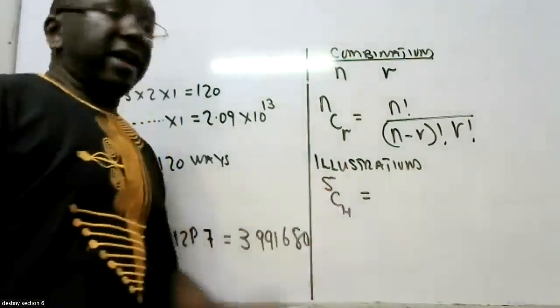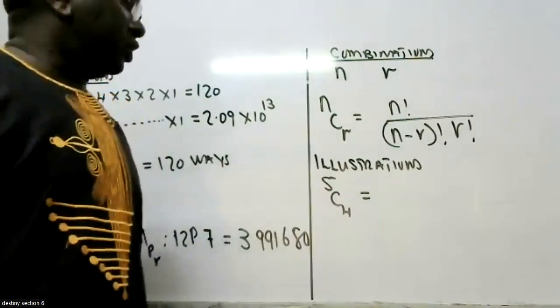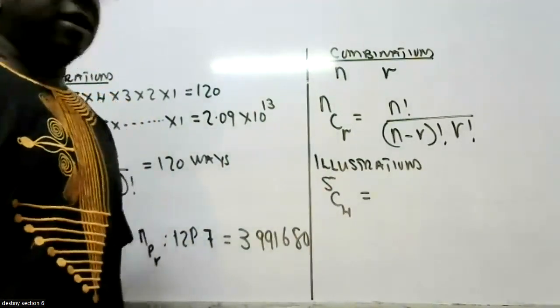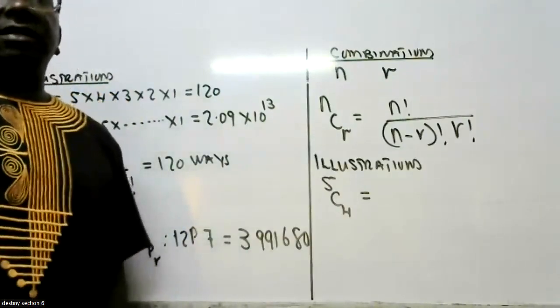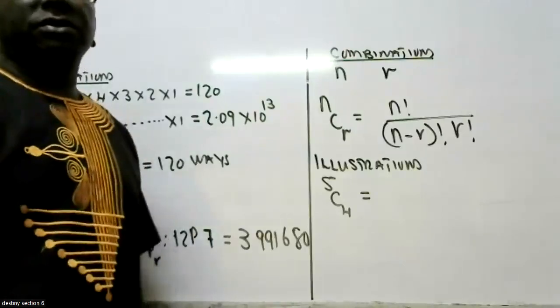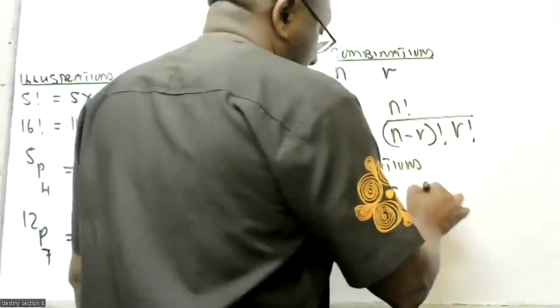So press 5, press shift, press the button where you can see nCr, so that now you have 5C. Press 4, then press equals. 5 ways.